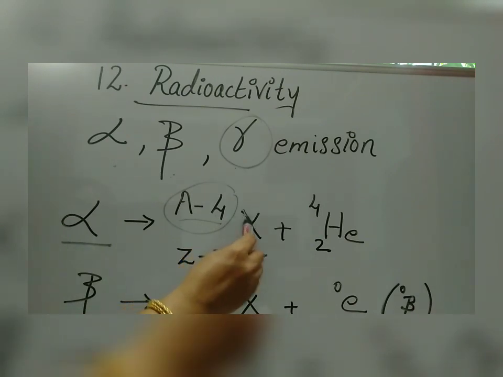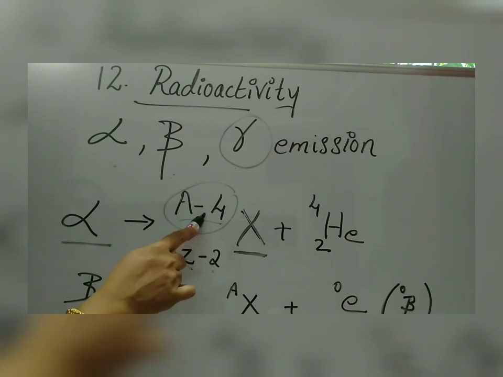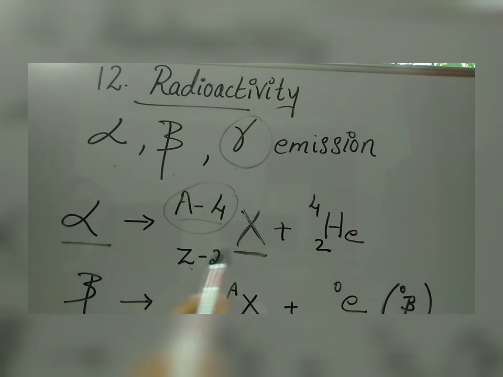Here X we are considering. If it is uranium, you have to write U, or any element you have to write. So you have to just subtract 4 from the mass number and 2 from the atomic number. And as a balanced equation, you should write plus He 4 2. When it is an alpha emission, you have to write plus helium-4 2.